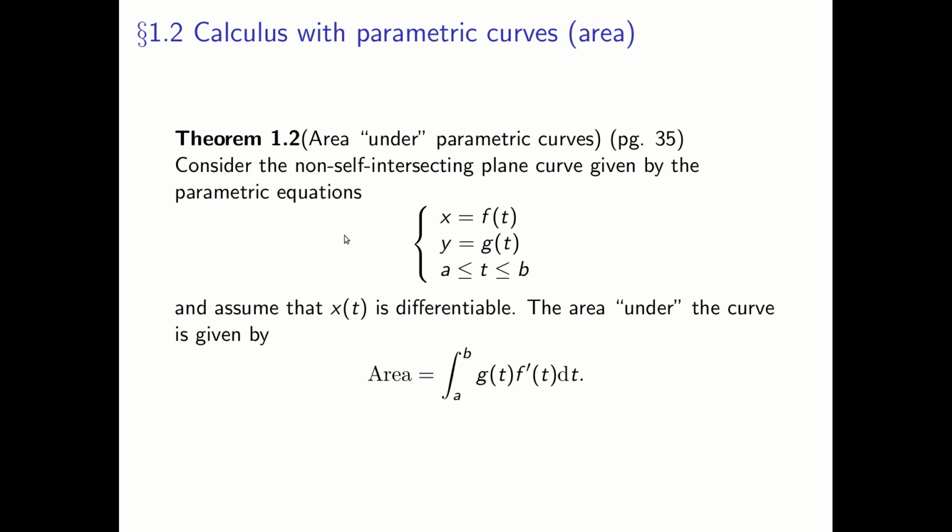Now again, we have this parametric curve given to us, and it says it's non-self-intersecting. That's for various, probably continuity reasons, but any question I give you won't have that problem, so I wouldn't worry about it. So the area under this curve is given by some formula involving the parametric functions in the parametric equation and their derivatives.